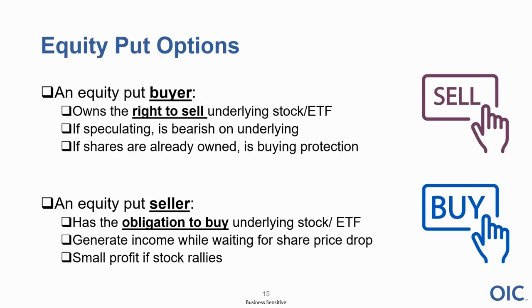Here's a perfect strategy that people use to buy the dip. It's a way to, in effect, purchase shares below the current share price. So a put seller has the obligation to buy that stock if they get assigned. It's a way to generate income. If the stock rallies and you're wrong, because you're selling puts, that premium, the money you collect when you sell that option, is yours to keep. That would be in the profit column for you.